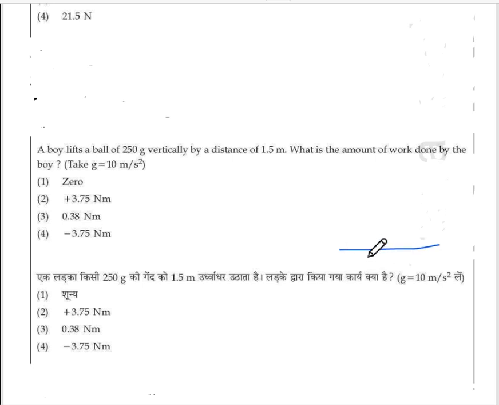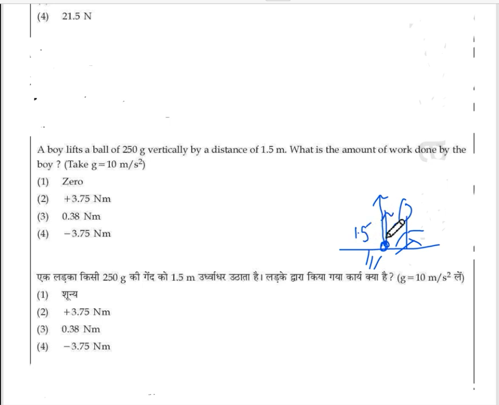This is the ground. The boy picked the ball vertically up, which means he applied a force. The boy standing here will apply the force in the upward direction, so that the ball will be lifted, or the ball will take off by 1.5 meter.